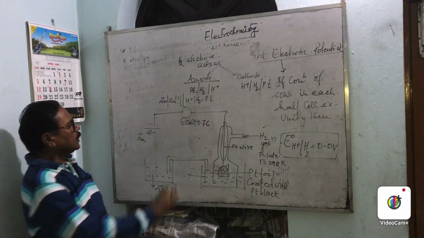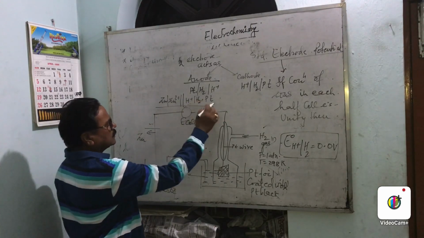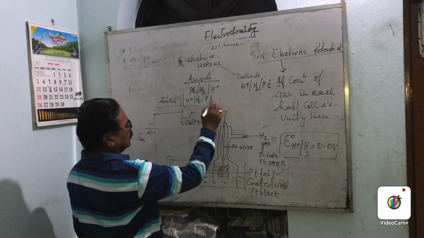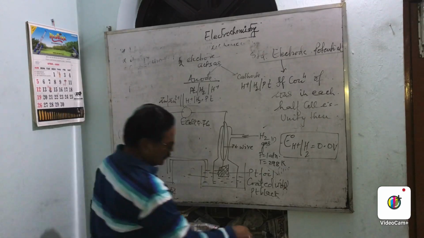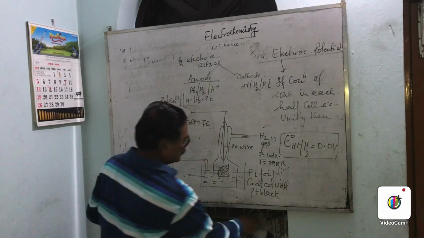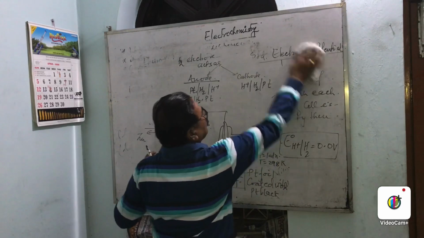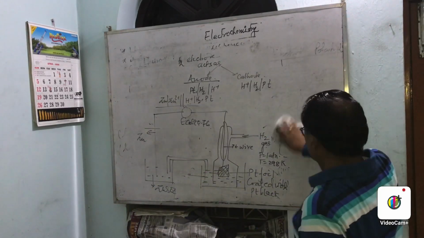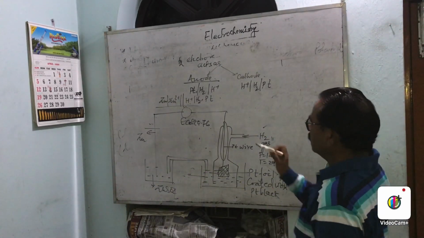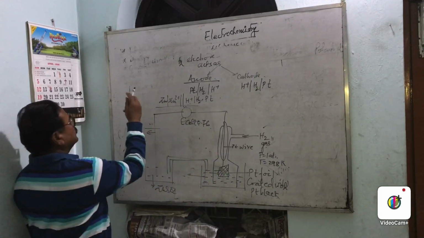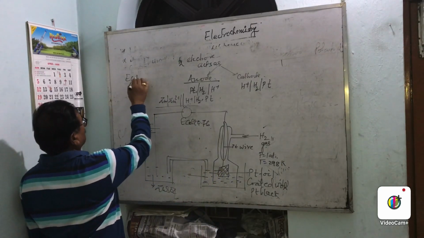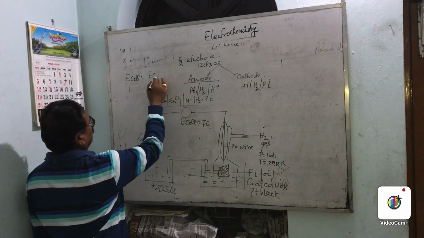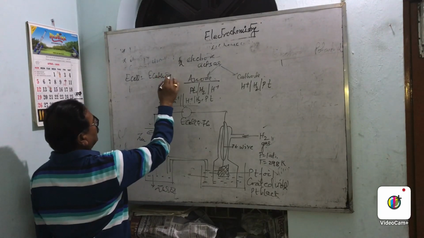Now for the E cell, we can write E cell is equal to E cathode minus E anode.